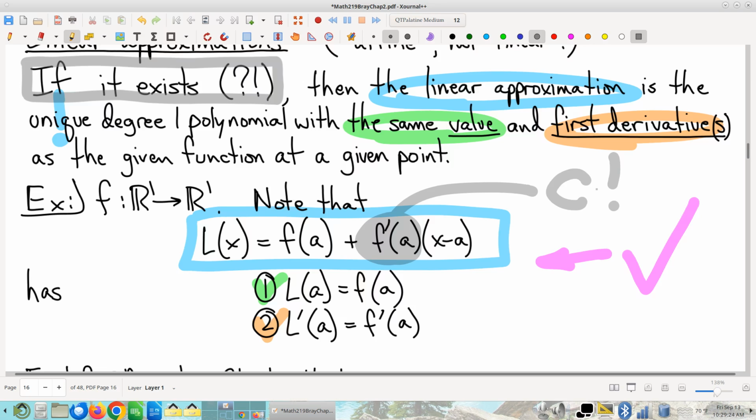So as you take the derivative to compute L prime in your attempts to check number 2 here, this is a constant, and you treat it as a constant because it's literally a constant. And so keep that in mind as well. Now, if you keep all that in mind and you go through and just brute force confirm, this works, and that's why we like to call this the linear approximation.